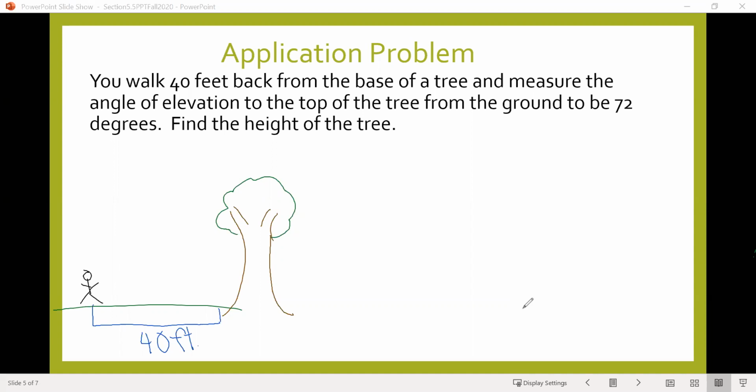As you can imagine, for your line of sight, going from the ground up to the top of the tree, it might look something like that. And then we're told that the angle of elevation, the angle above the ground right here, is going to be 40, or sorry, not 40 degrees, 72 degrees.